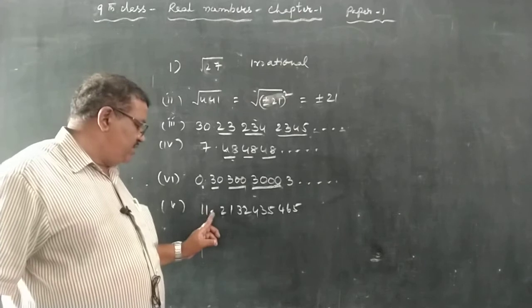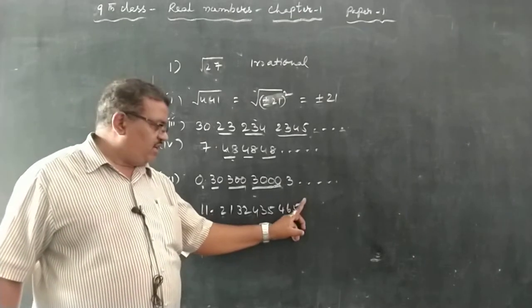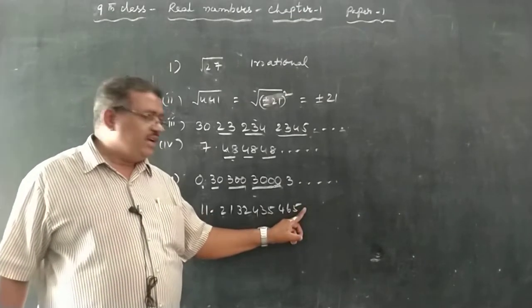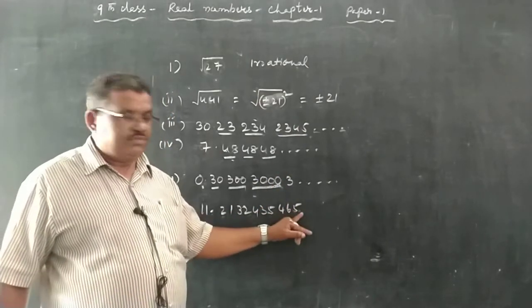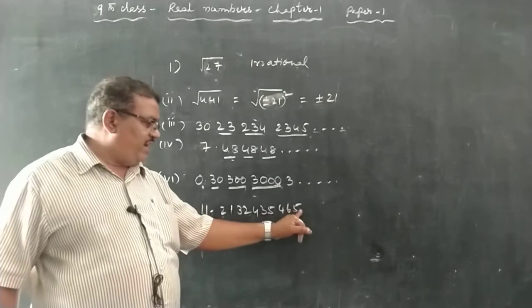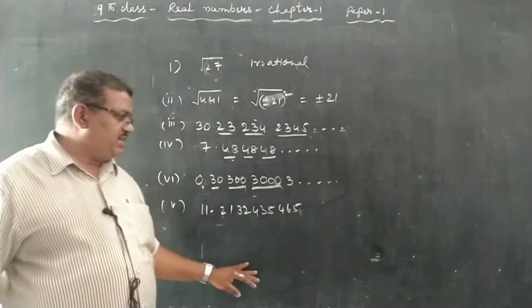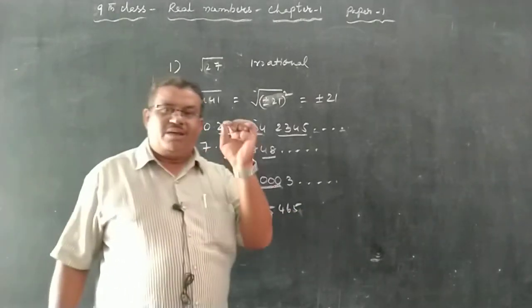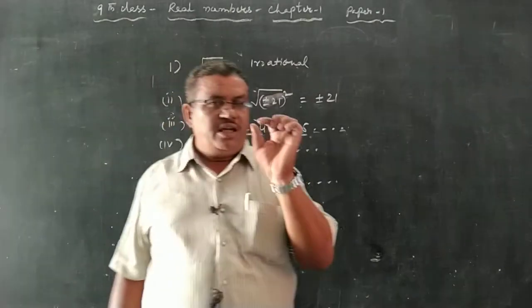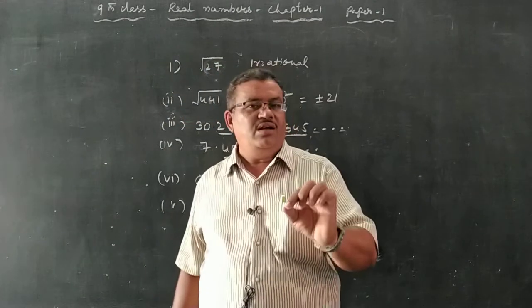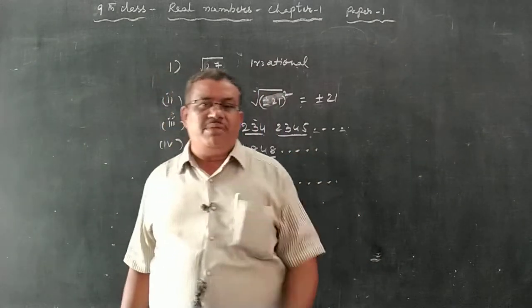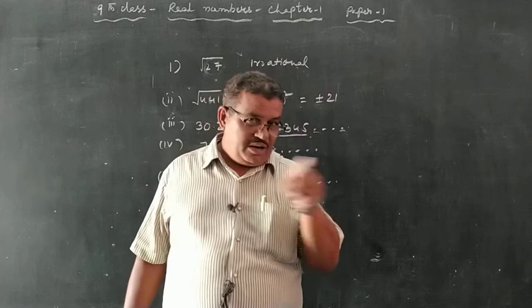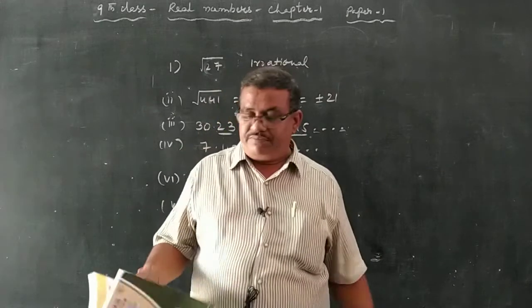After the decimal, 10 digits are obtained and it stops here. It is a terminating decimal, terminating after 10 digits. So every rational number can be expressed as either a terminating decimal or a non-terminating recurring decimal, but every irrational number is neither terminating nor repeating.